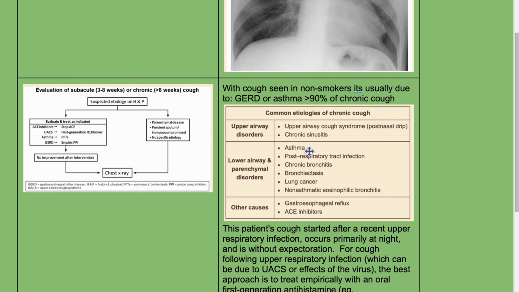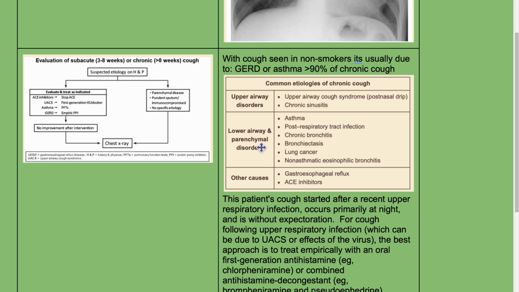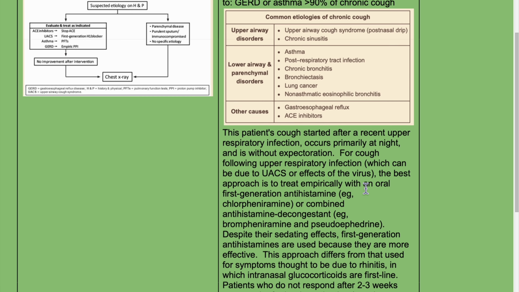Common etiologies of chronic cough: upper airway disorders, upper airway cough syndrome, postnasal drip, and chronic sinusitis. Lower airway and parenchymal disorders: asthma, post respiratory tract infection, chronic bronchitis, bronchiectasis, lung cancer, non-asthmatic eosinophilic bronchitis. Other causes are GERD and ACE inhibitors.